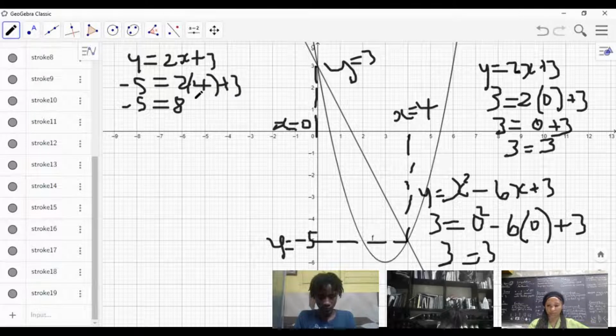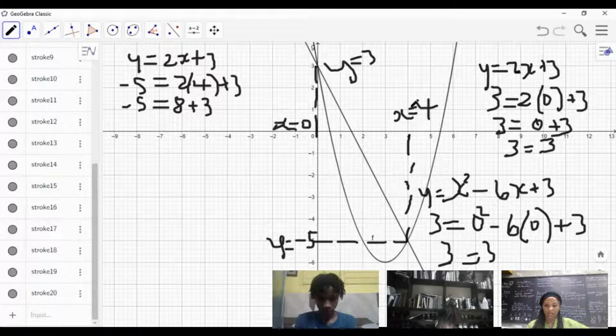Something not right here. This doesn't add up, does it? No, miss, that would be 11. So what's wrong here? x is 4, y is negative 5.